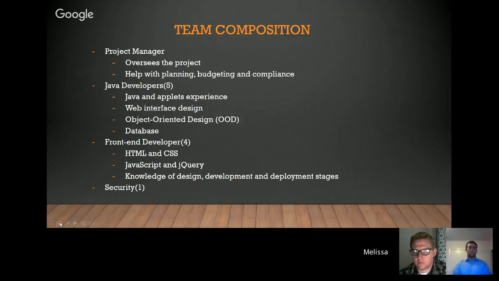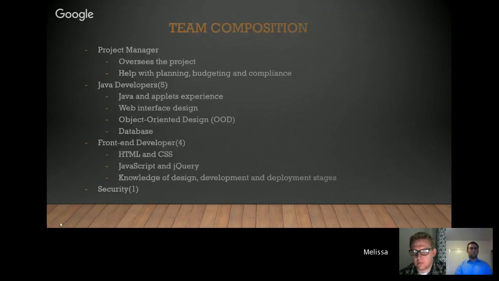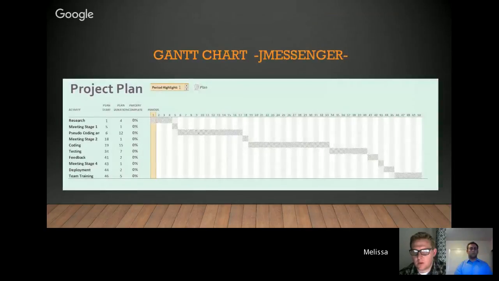We will also have 4 front-end developers that will work on our HTML and CSS, our JavaScript and jQuery, and the knowledge, design, development, and deployment stages. Lastly, we'll have a security personnel who will oversee the code being kept off public servers.